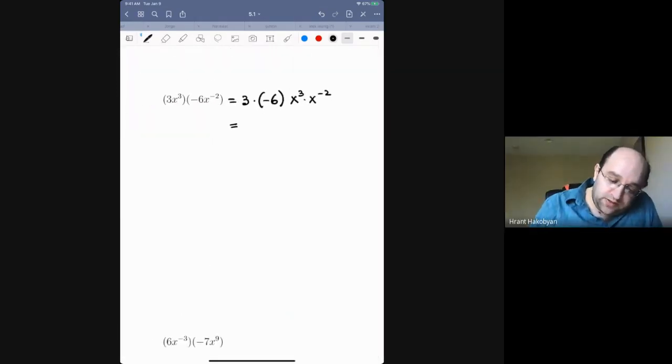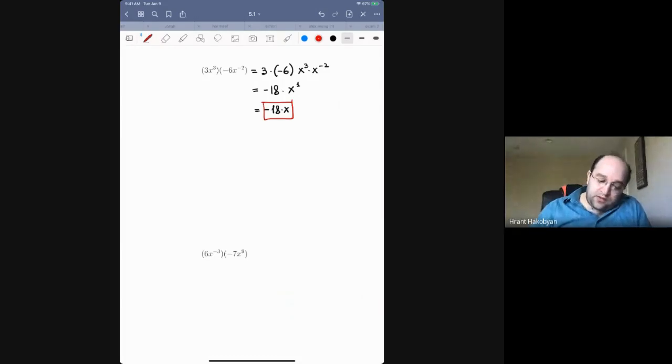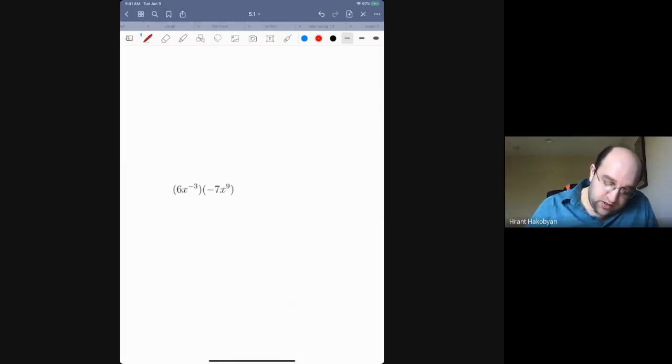So 3 times -6 is -18, times, and then the powers here of course add up, so you get x to power 3 minus 2, which is 1. Okay, so that's the answer here. And so let's do similarly the next one here.